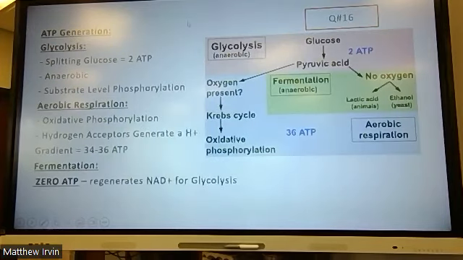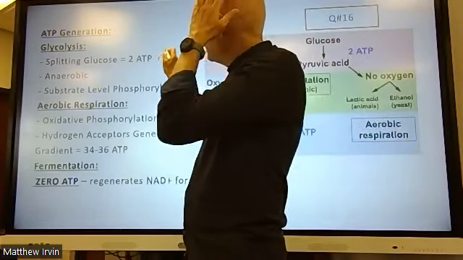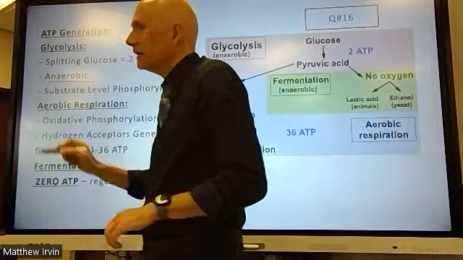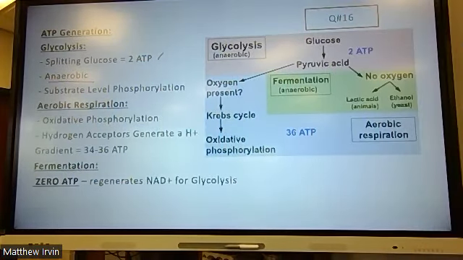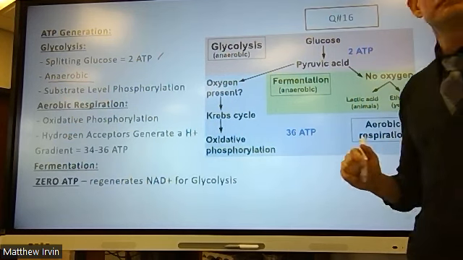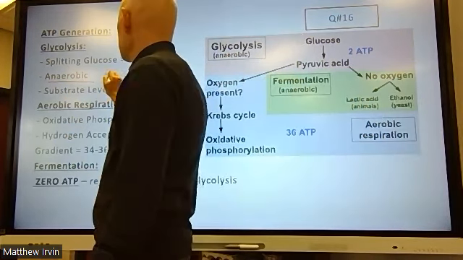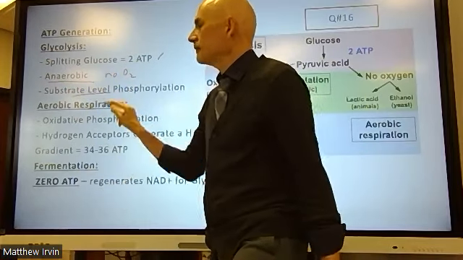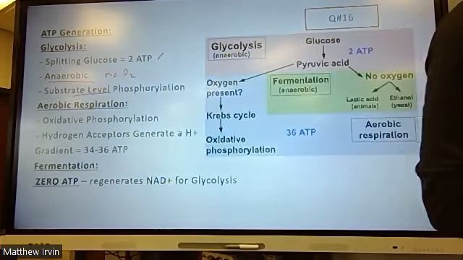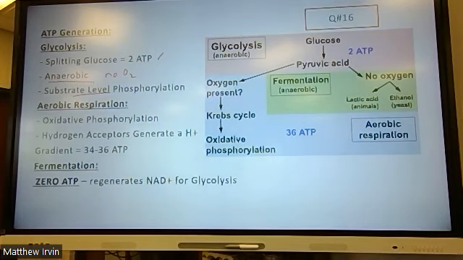Okay, so glycolysis, splitting glucose. That's going to give us 2 ATP. This is anaerobic. What does anaerobic mean? It does not need oxygen. And this is what's known as substrate level phosphorylation because the ATP that is formed is done by enzymes.